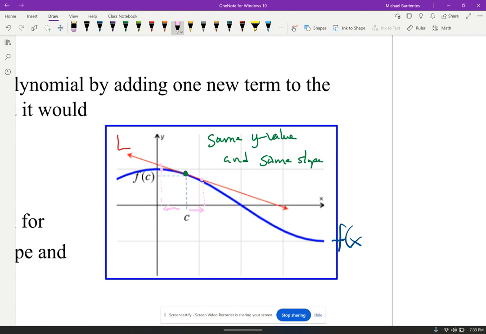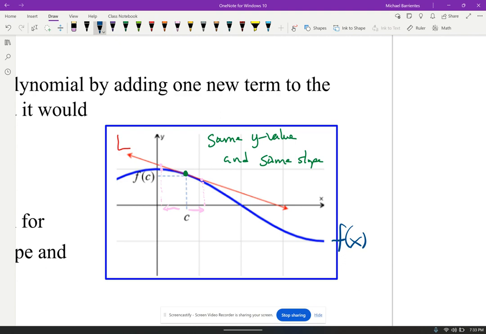So I can approximate blue curve function values with red linear values. That's the whole idea behind approximation, is that we can approximate complicated function curve values with simple linear values. Why can we do that? Because we created a line that shared some characteristics with the original curve, which is same y value and same slope.